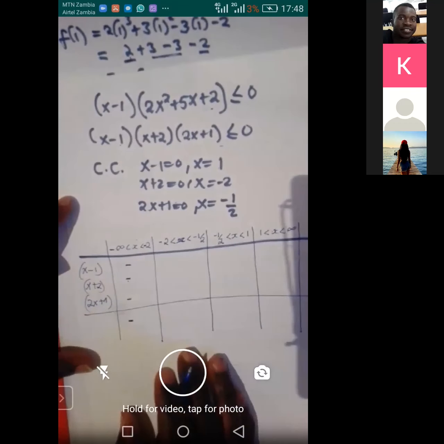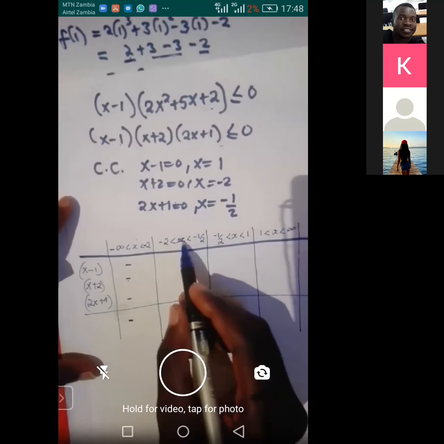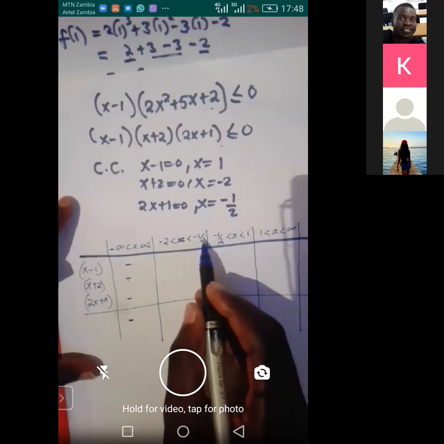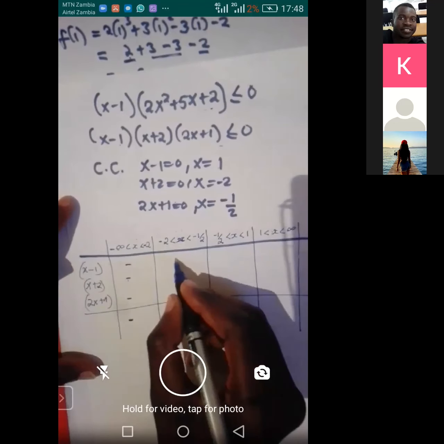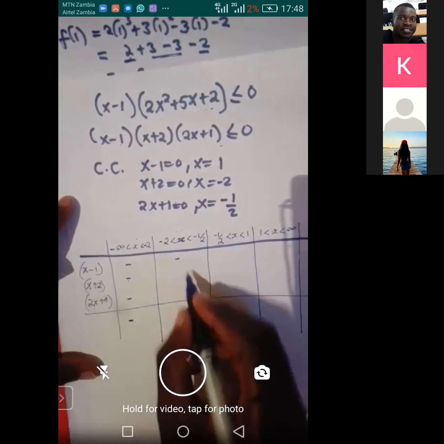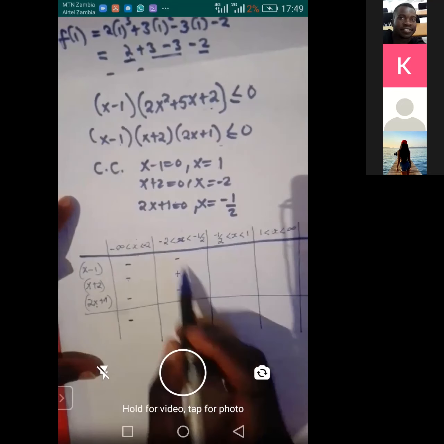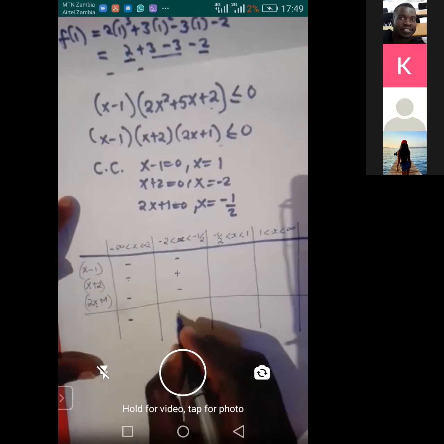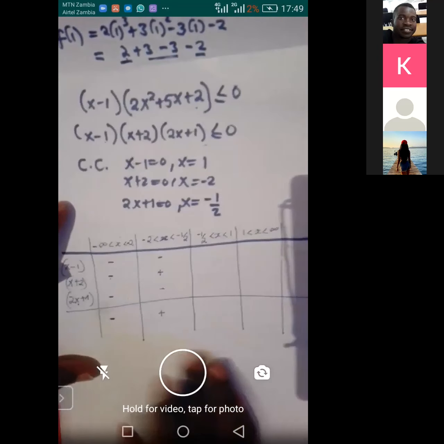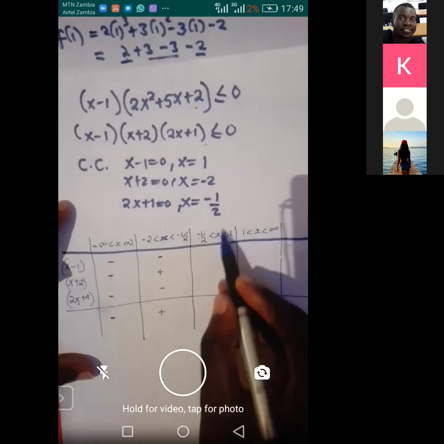Then in this interval, between -2 and -1 over 2, you can pick -1. -1 there will give you a negative number, and -1 there will give you a positive, and -1 there will give you a negative. Negative times negative is positive, so you have a plus here. In the interval from -0.5 to 1, you can pick 0, it's fine, 0 is in this interval.